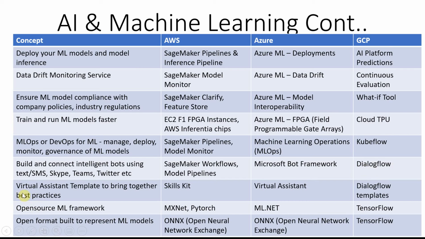And next is the category of virtual assistant templates, to bring together the best practices. There is a lot of innovation happening in this space, and there's a place where templates can be introduced: if there's a common problem, there's a template for it.